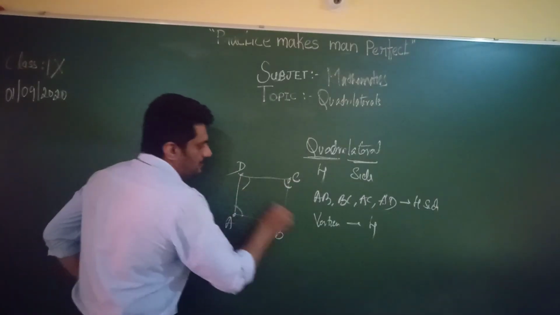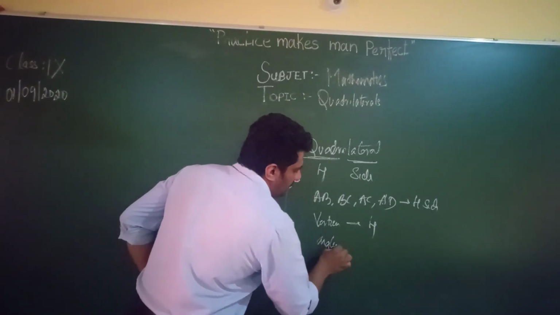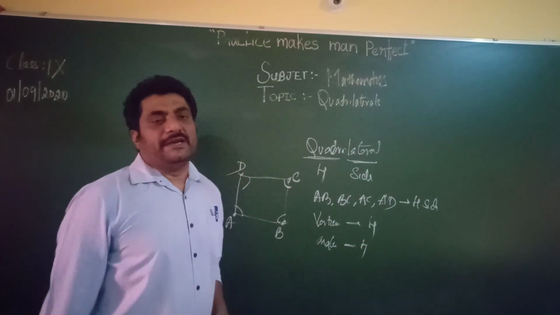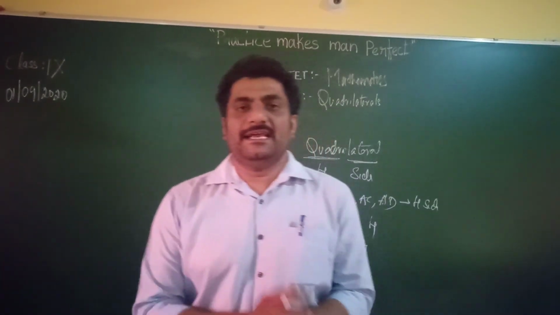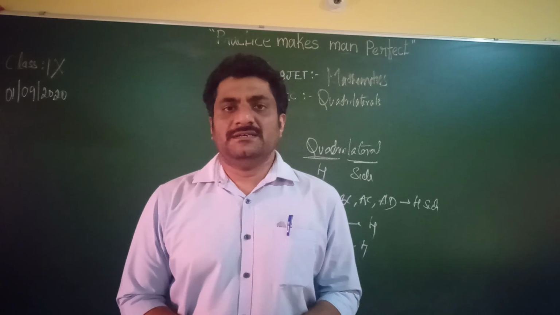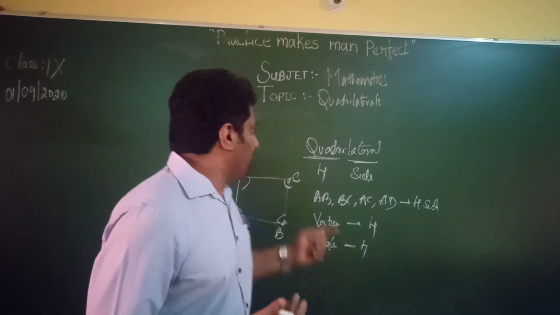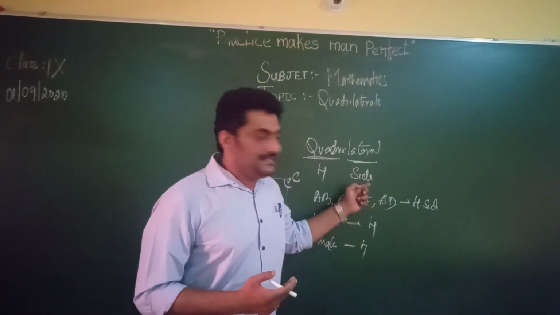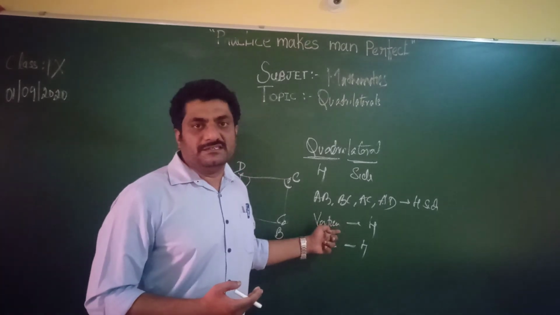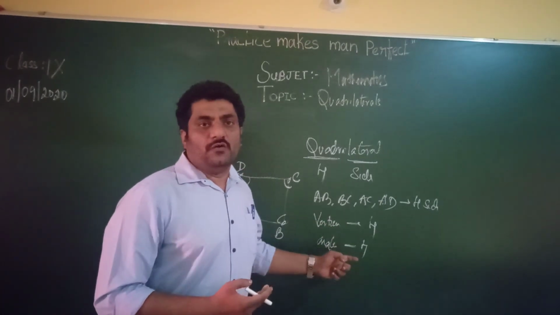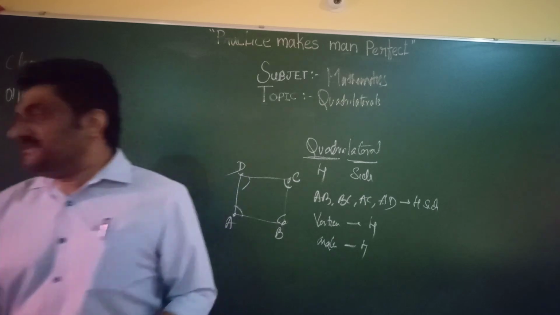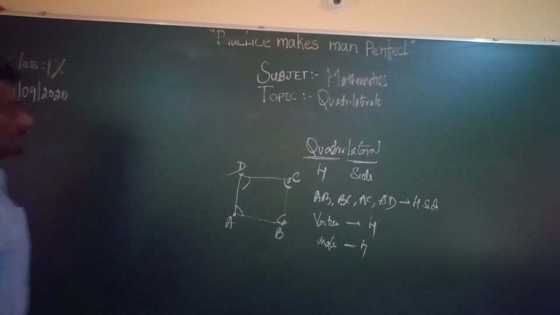Angles 4. So in general, how can I define a quadrilateral? A quadrilateral is nothing but a closed polygon having 4 sides, and it also has 4 vertices, and it also has 4 angles.